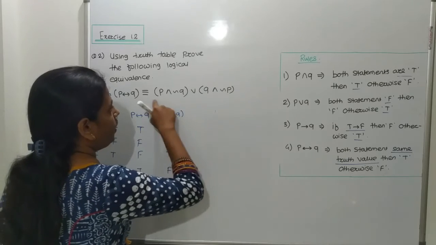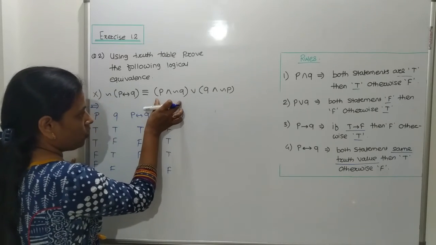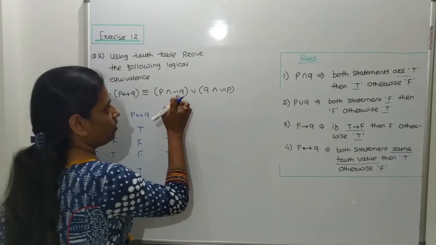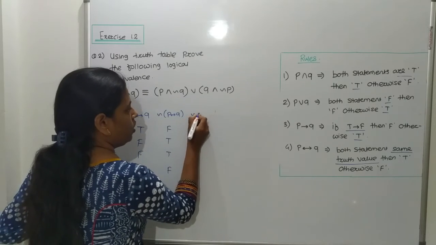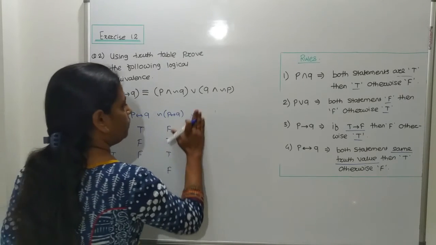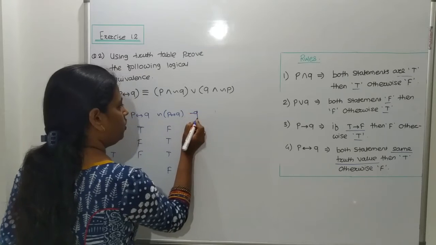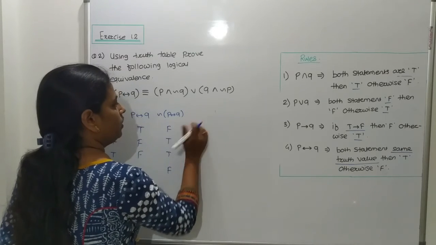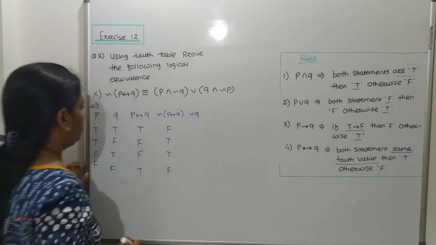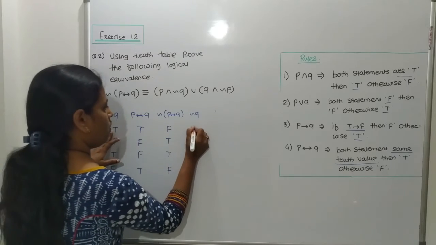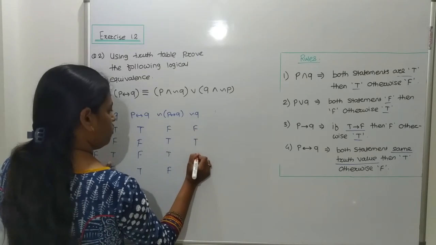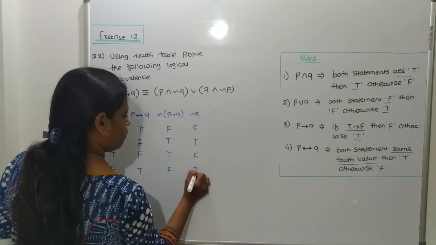Now next you have to solve this one. For solving this bracket, you have to get the value of not Q. So find out the not Q. Not Q. So true is false, false is true, true is false, false is true.